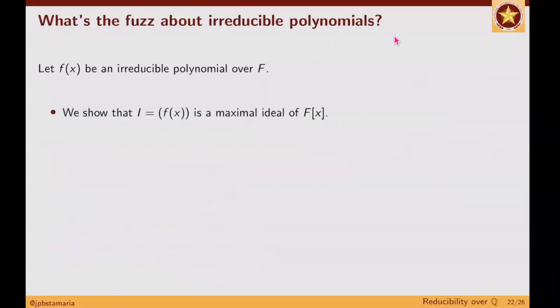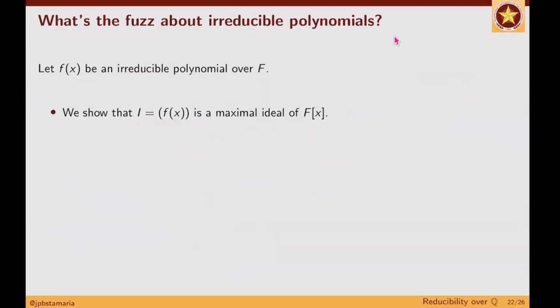Nakita ko na sa inyo to. This is the direction we are going to. We will show that if f of x is irreducible over a field F, when you look at the ideal that will be generated by f of x, ang laman nito are the polynomial multiples of f of x. Lahat ng mga polynomials na divisible sa f of x. We will show that because this is irreducible, this ideal is going to be a maximal ideal.